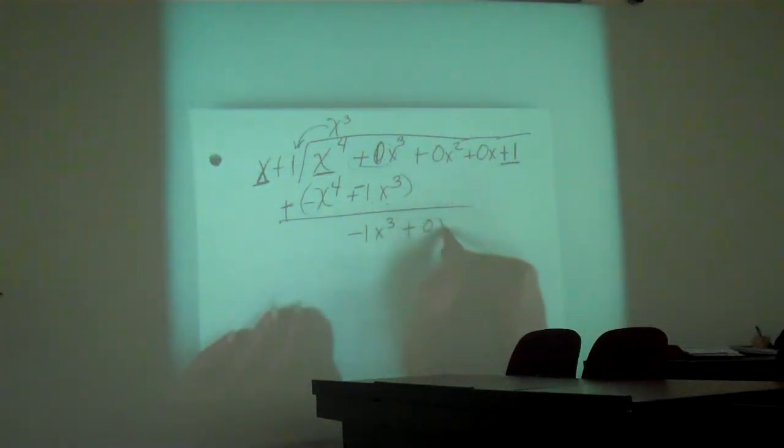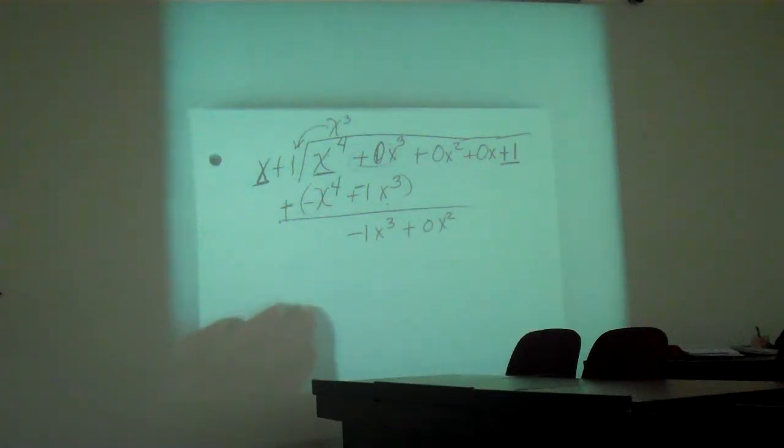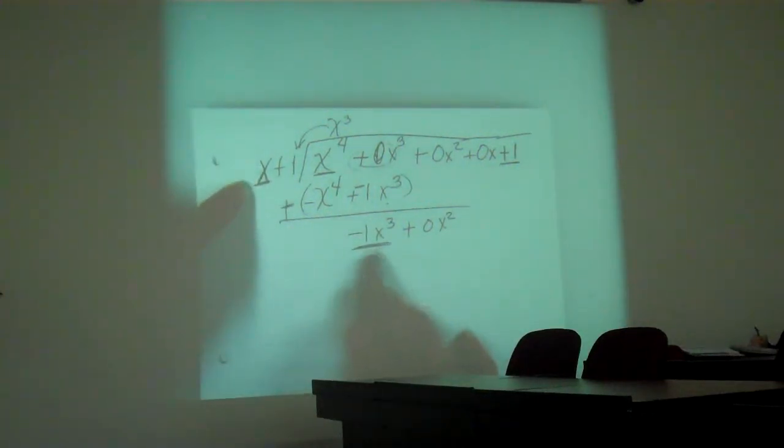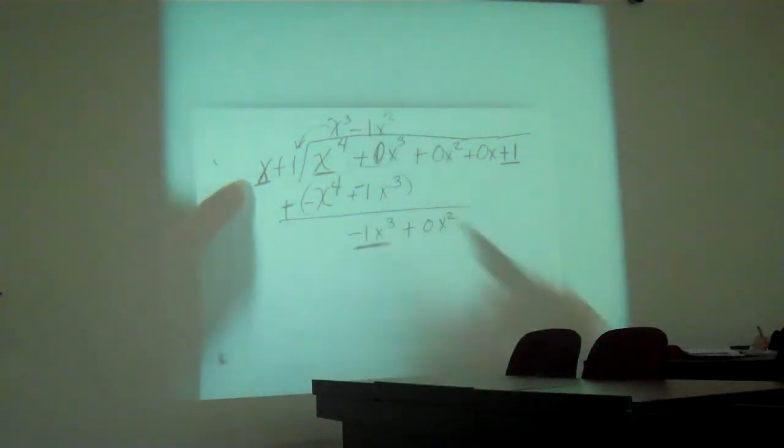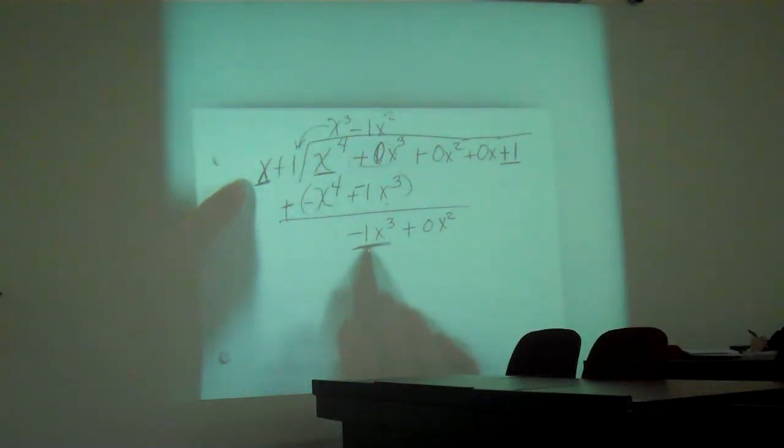Then we have 0x squares that we're going to bring down. Okay, how are we going to get this term? We only have an x here, so we need to multiply the negative 1 and 2 more x's, right? So we need negative 1 x squared to get this. Negative 1 x squared times x is negative 1 x cubed.